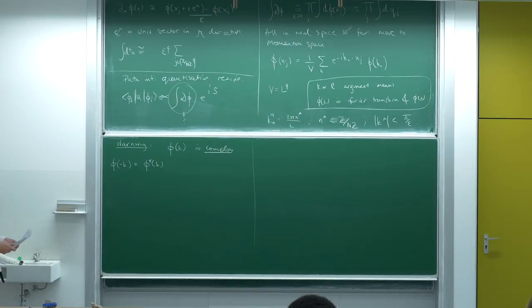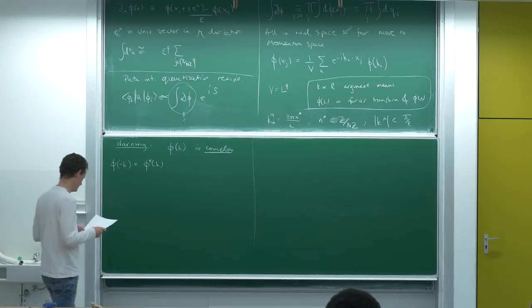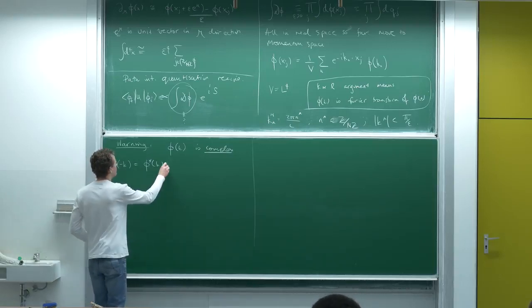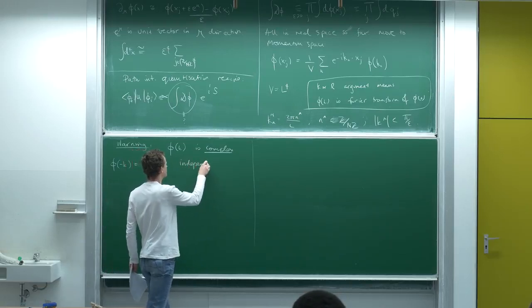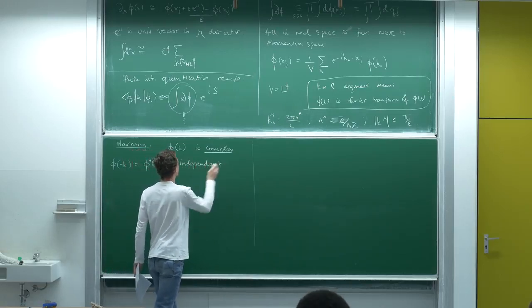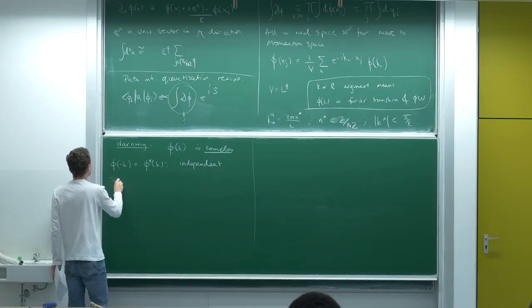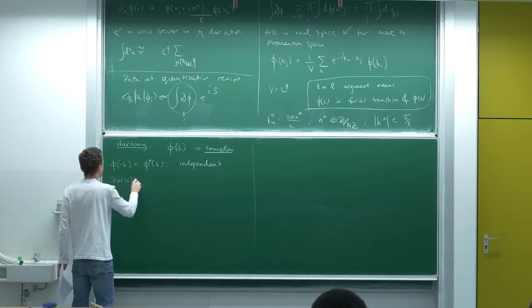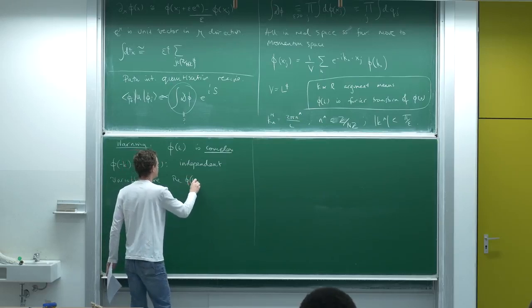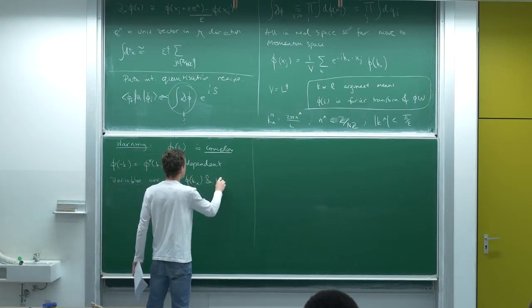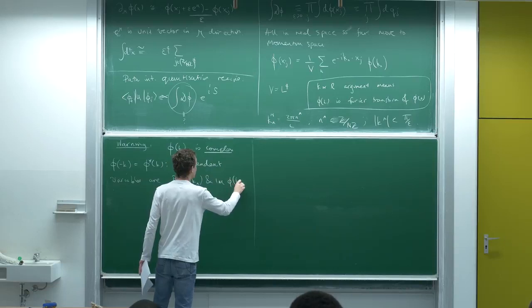And that comes from demanding that phi of x is real. So that's why we have that. All right. So our independent variables are the real parts of these phi of k's and the imaginary parts of these phi of k's.